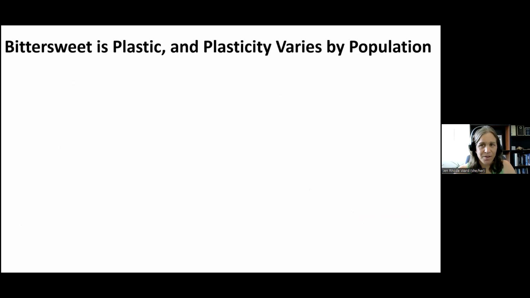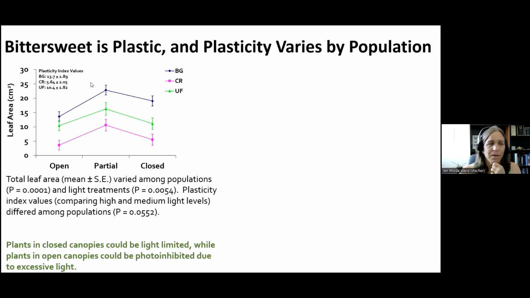So first takeaway point, bittersweet does have a lot of phenotypic plasticity, and the plasticity varies a lot by population. Okay, in this figure, on the y-axis is the leaf area, a measure of potential photosynthetic potential.